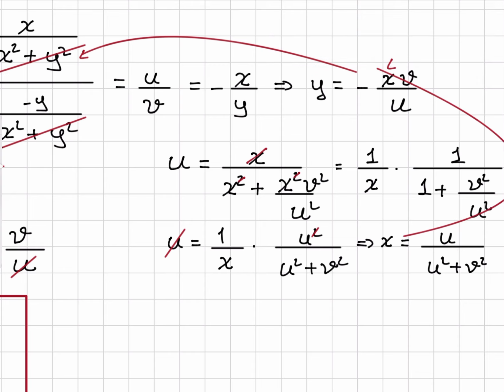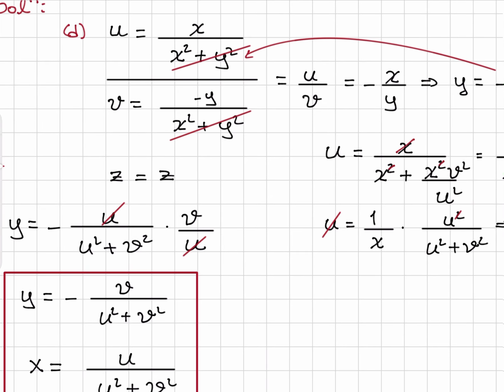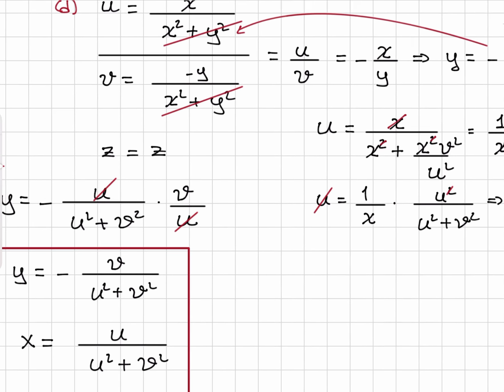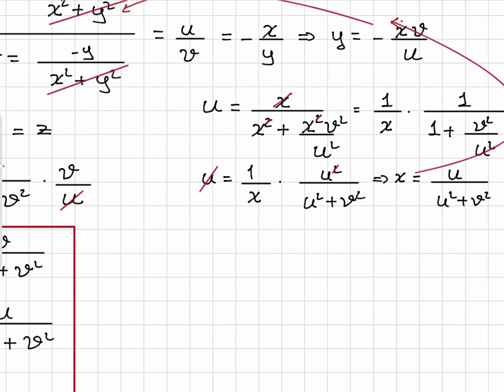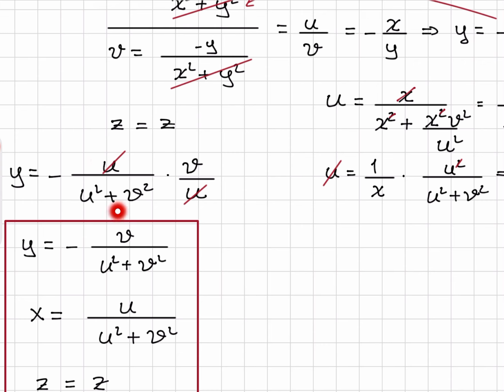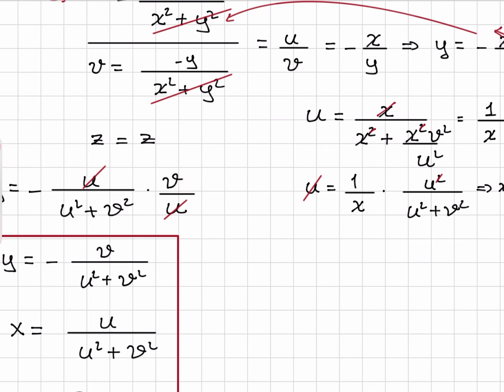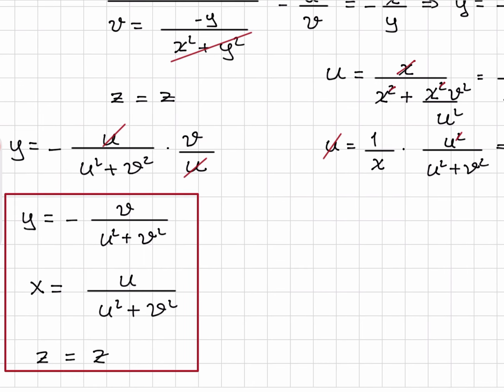So y is equal to minus xv over u. x is equal to u over u squared plus v squared. So minus u over u squared plus v squared times v over u. That's what I have here. One of the u's cancel. So I have minus v over u squared plus v squared for y, u over u squared plus v squared for x, and z is equal to z.